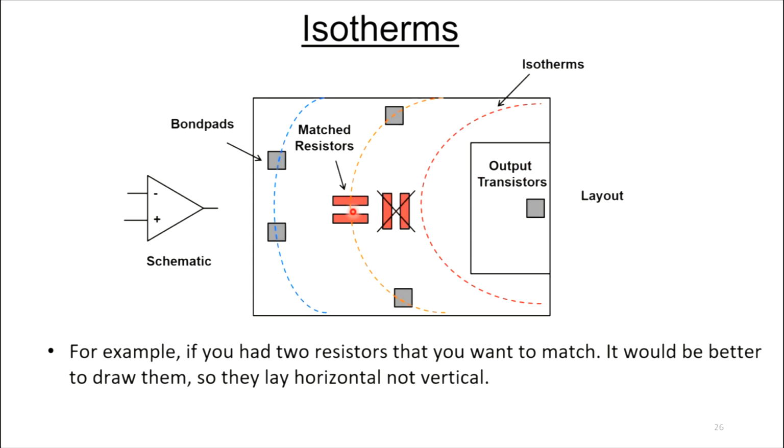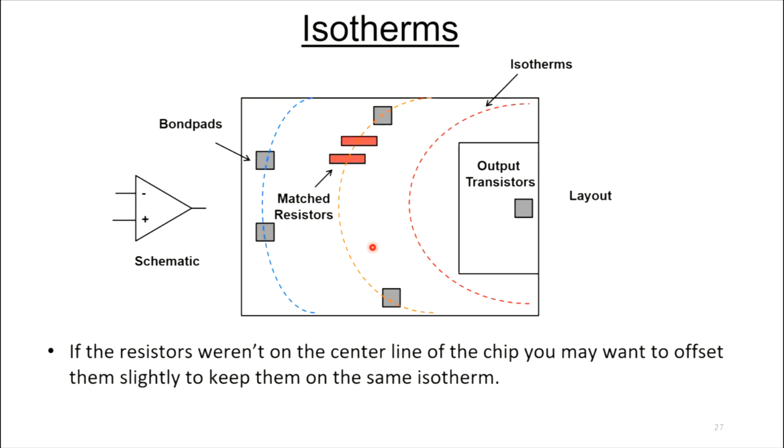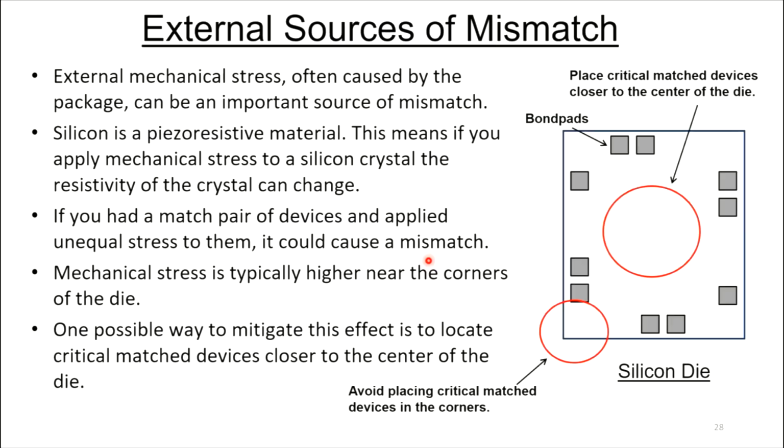I'm going to orient things to try to take advantage of that knowledge. So this is really going back to the old days. Sometimes I've even seen people try to offset resistors if they aren't right smack on the center line, where they'll try to guess exactly where the isotherm is and offset the resistors. I haven't seen this done in a long time, but it could happen.